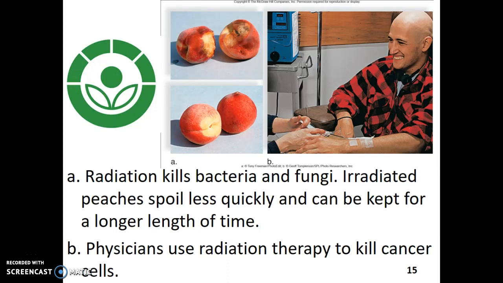We use radiation to kill off spoilage microbes so that our foods can be protected for longer periods of time. The process of killing off spoilage microbes is known as irradiation, and this allows us to keep peaches, pears, apples, bananas for a long period of time.